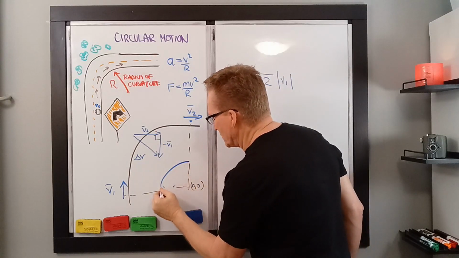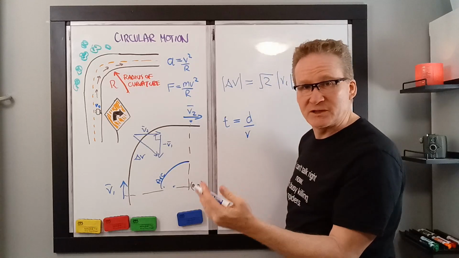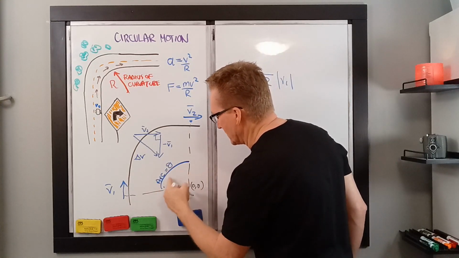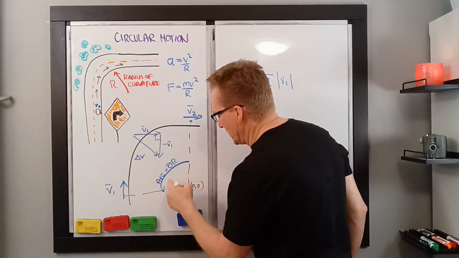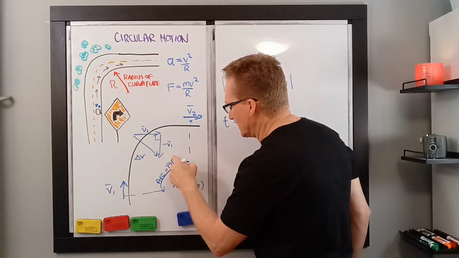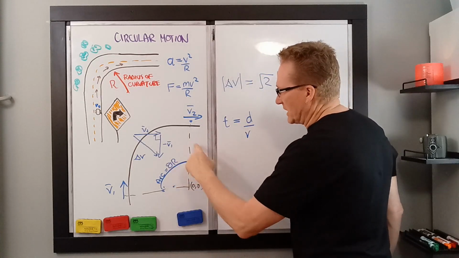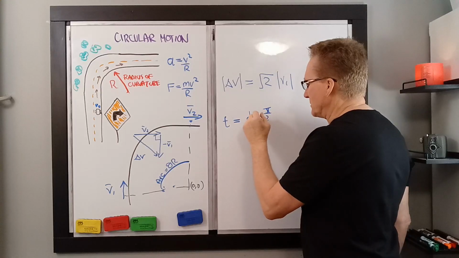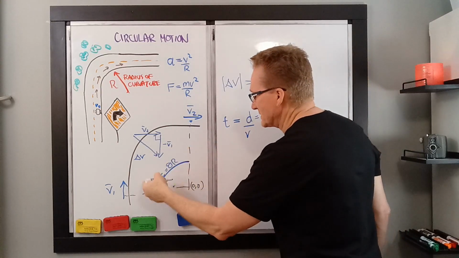If you remember from your geometry, an arc is just a portion of a circle. The arc is equal to the angle, in radians, times the radius. And the angle here, because it's a quarter of a circle, is pi over 2. So that's equal to pi over 2 times the radius. That would be the distance it goes.